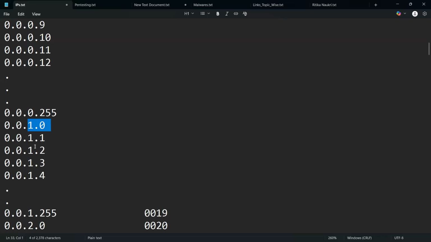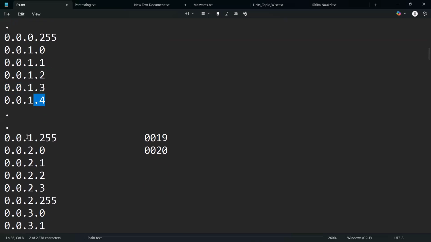So after 0.0.1.0, you have 0.0.1.1, then 1.2, then 1.3, 1.4, 1.5, 1.6, which goes all the way up to 0.0.1.255. Once it reaches 255, it cycles back to 0 and then the next octet increments by 1, then you have 0.0.2.0.